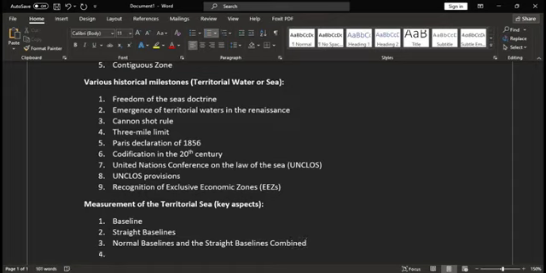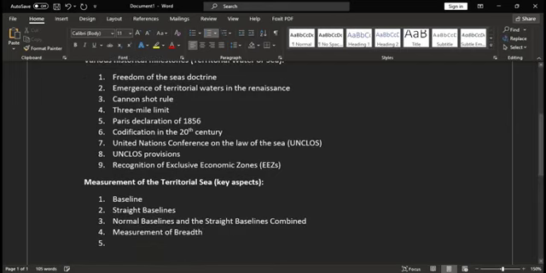Fourth is the measurement of breadth. You have the low water line. You have the straight baseline criteria.